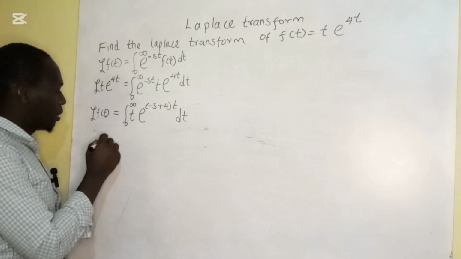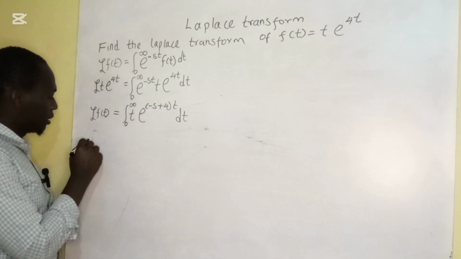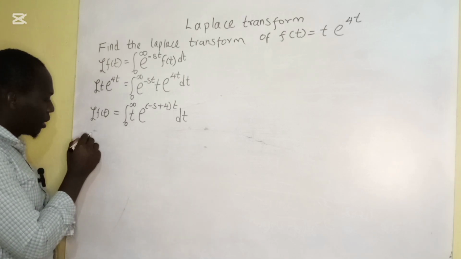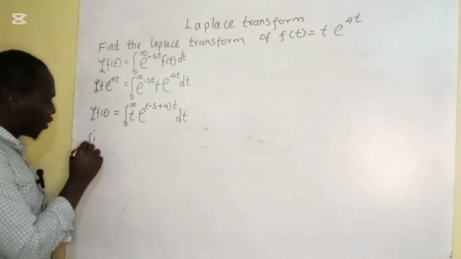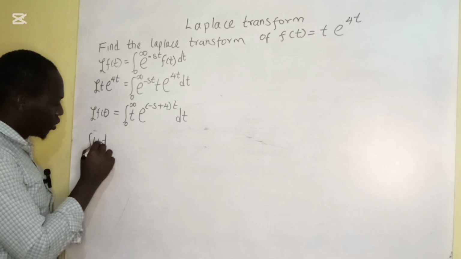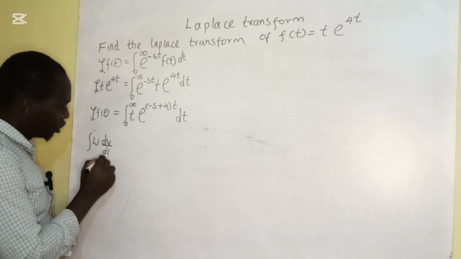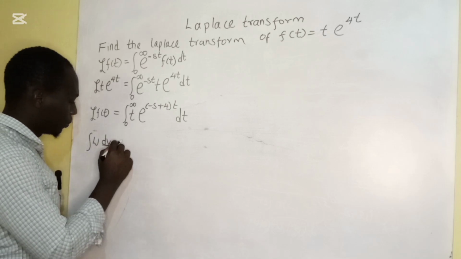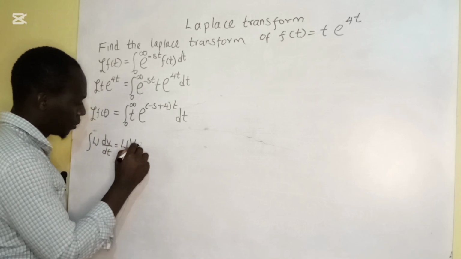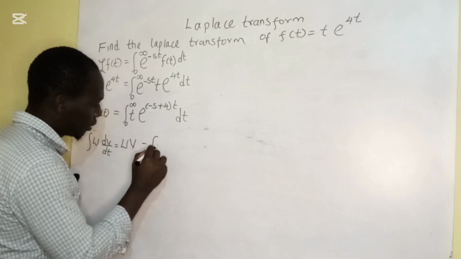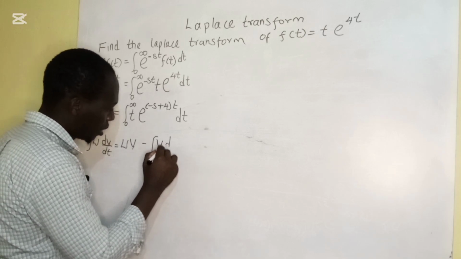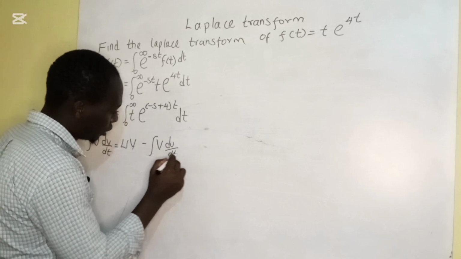We understand that the formula of integration by parts is the integral of u dv with respect to dt equals uv minus the integral of v du with respect to dt.